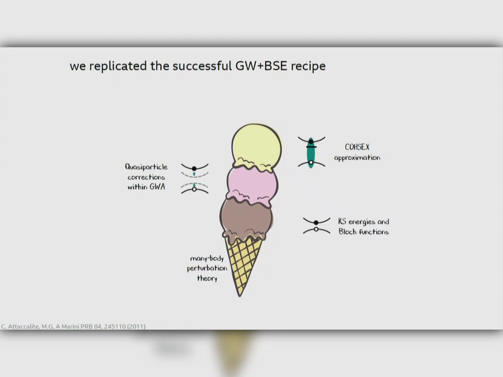We start from the key ingredients of this successful recipe that gives us these very good absorption spectra. First of all, starting from DFT, so we have a first-principles approach, then using GW to correct the DFT electronic structure and get the quasi-particles, and then finally using the Coulomb-hole screened-exchange approximation for the self-energy, which provides such accurate excitonic energies.